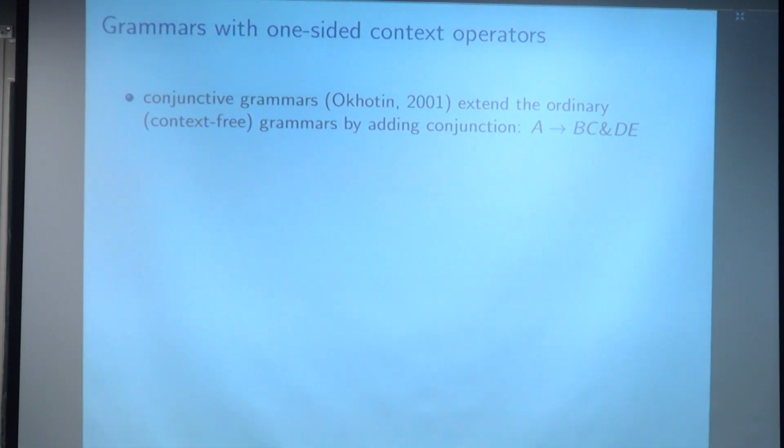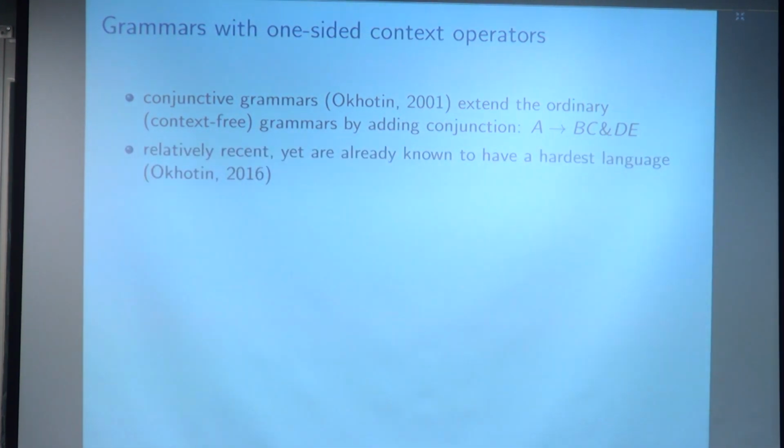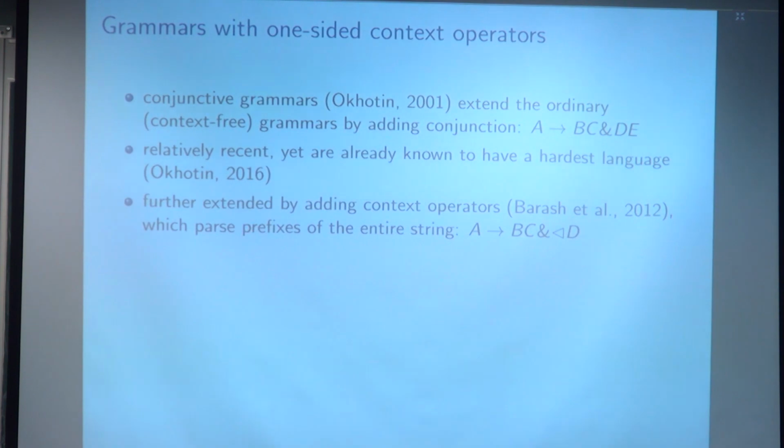My first foray into this problem started with grammars with one-sided context operators and languages with one-sided contexts. These grammars extend conjunctive grammars, which are by themselves an extension of ordinary grammars and are already known to have a hardest language.